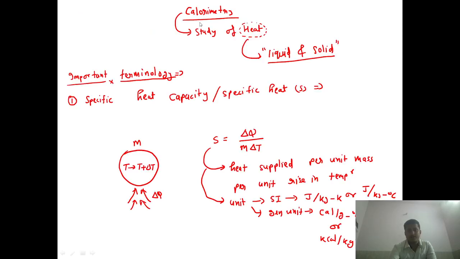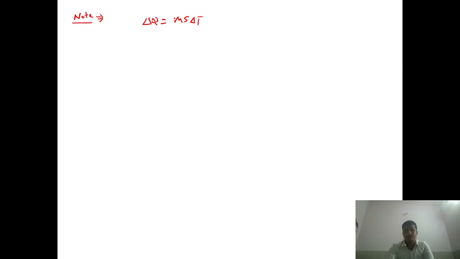We can note it down like this: delta Q can also be written as m s delta T. I have just multiplied m delta T with s, so we get this formula for delta Q. Okay, this is our formula.